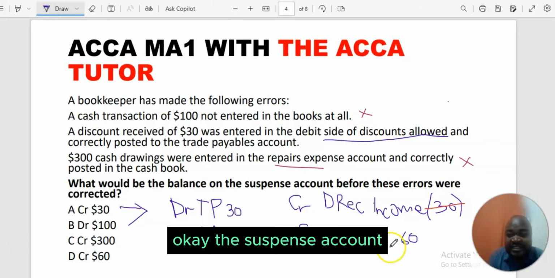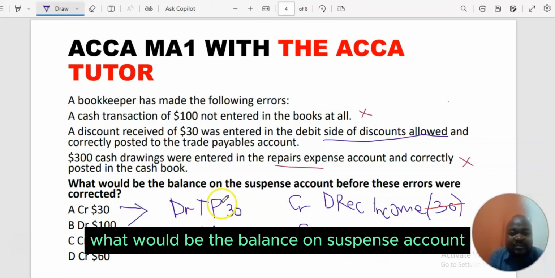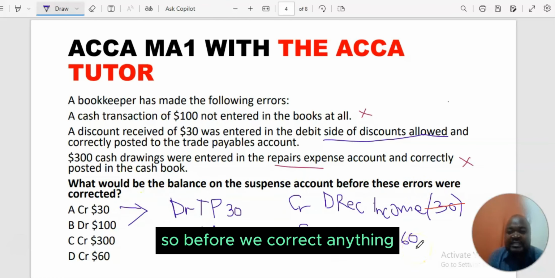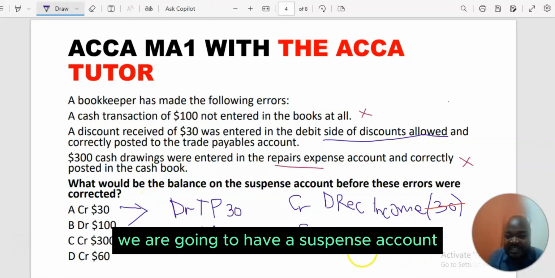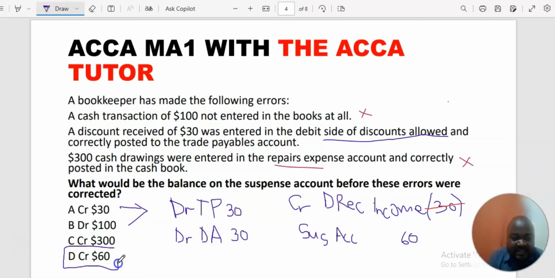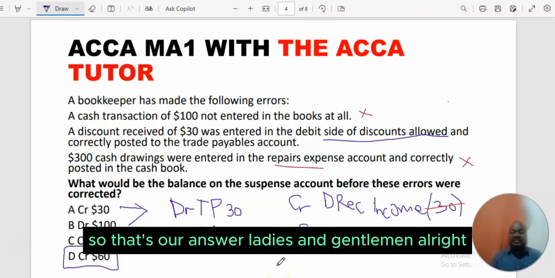Okay, the suspense account, what would be the balance on the suspense account before the errors were corrected? So before we correct anything, we are going to have a suspense account on the credit side. So there's going to be a suspense credit. So that's our answer, ladies and gentlemen.